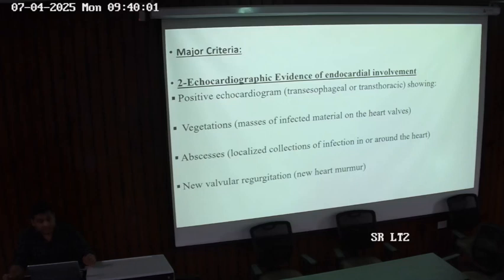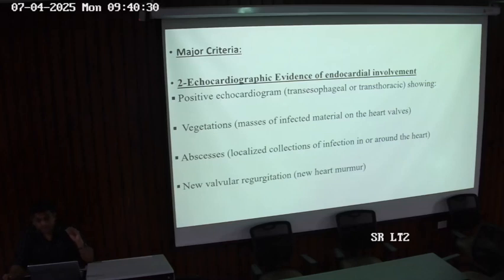Then echo evidence of endocardial involvement. So a positive echo, transthoracic or transesophageal, showing the vegetation. Sometimes vegetation cannot be seen by transthoracic. Usually we do the transthoracic echo, but in some specific conditions, like when a patient has a vegetation on the back side, we have to advise the TEE, transesophageal echo.